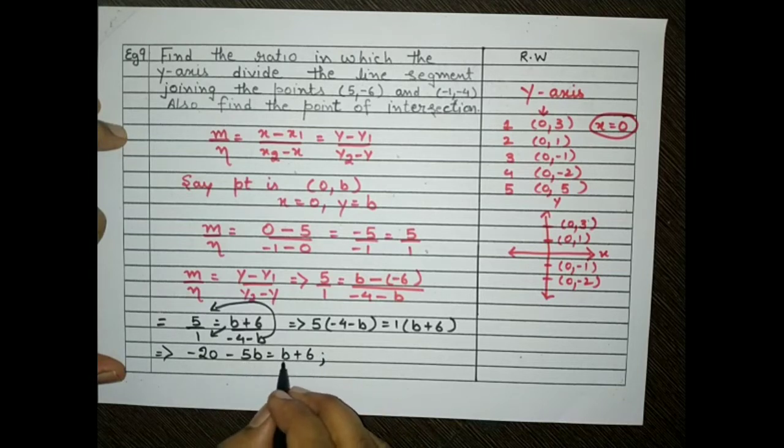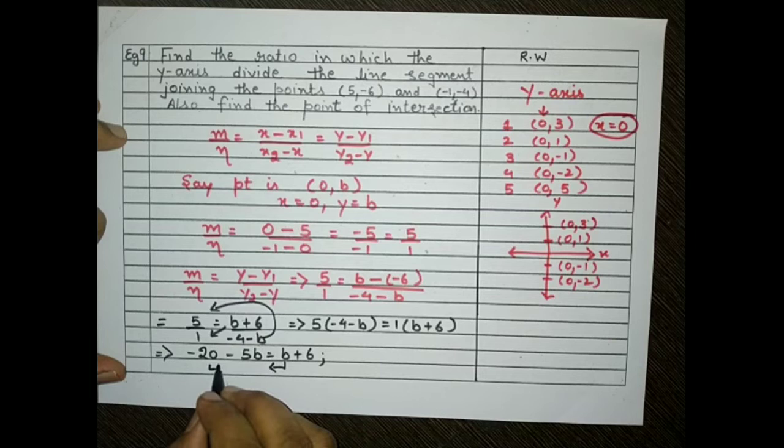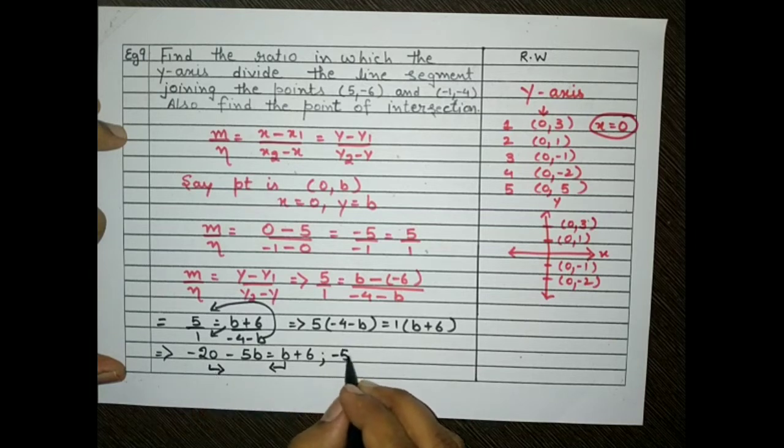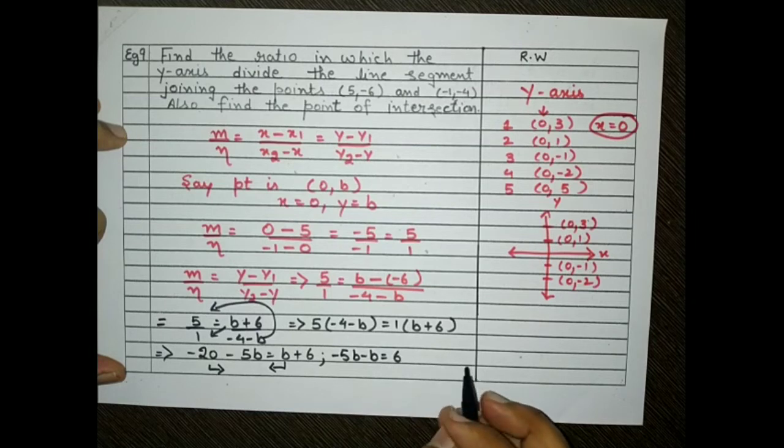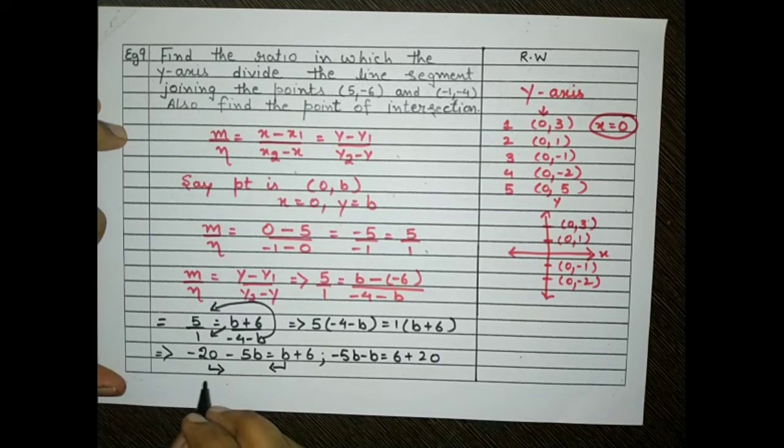Let us take this b to this side and -20 to the other side. It becomes -5b - b, and here it will become 6 + 20. So -5b and -b is -6b, equal to 6 + 20, which is 26. So b is 26 over -6.